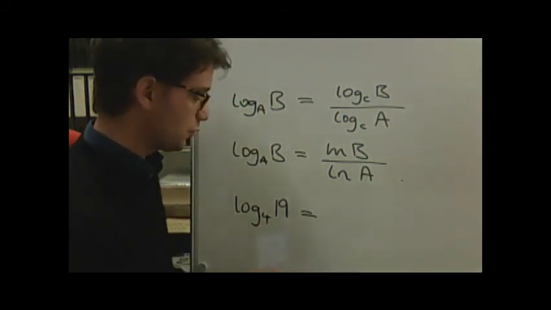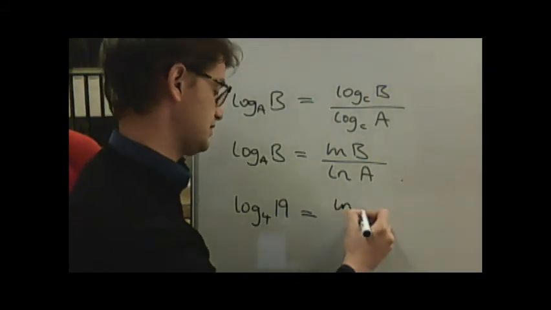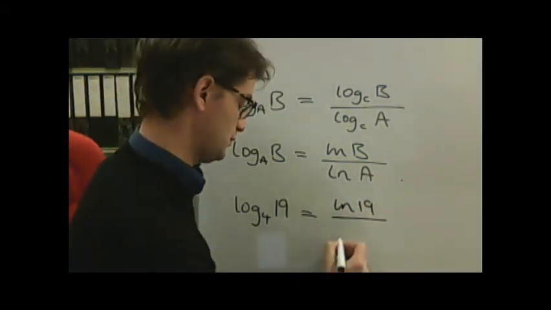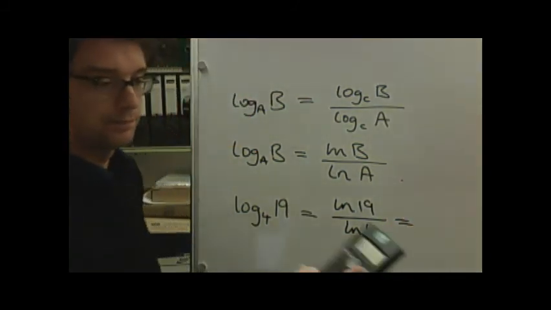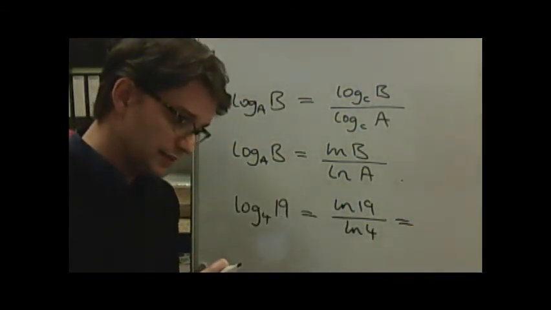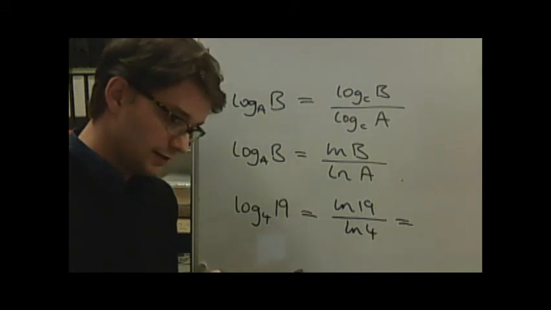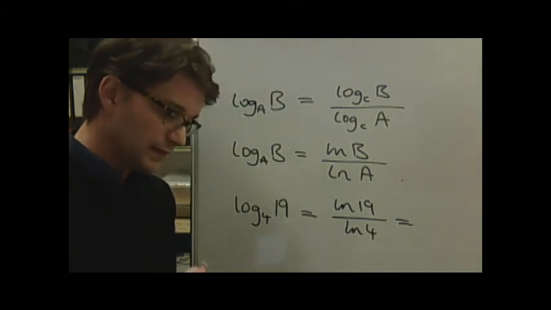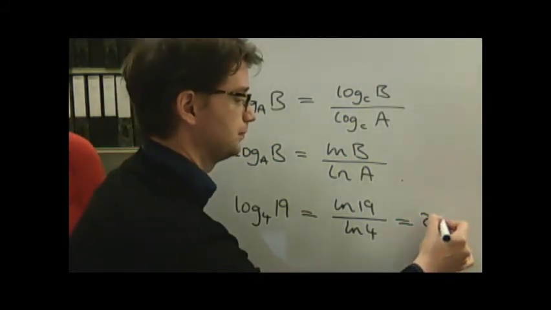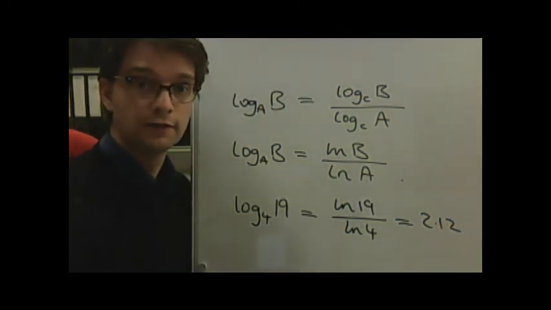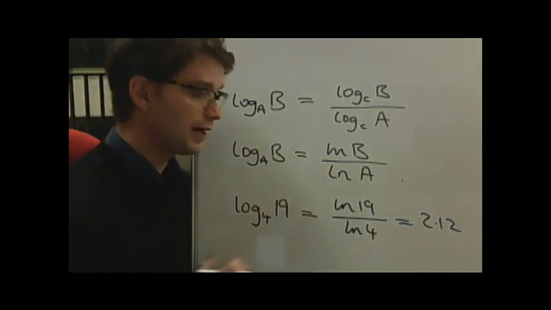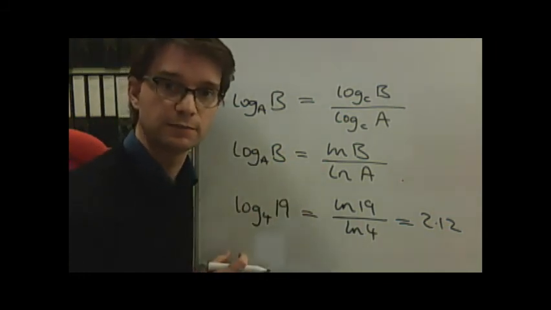What we would do is take log of 19, divide it by log of 4, and our calculator would tell us that log of 19 divided by log of 4 is 2.12. So there you go, that's what logarithms are, and how to use a change of base to find simple little logarithms.